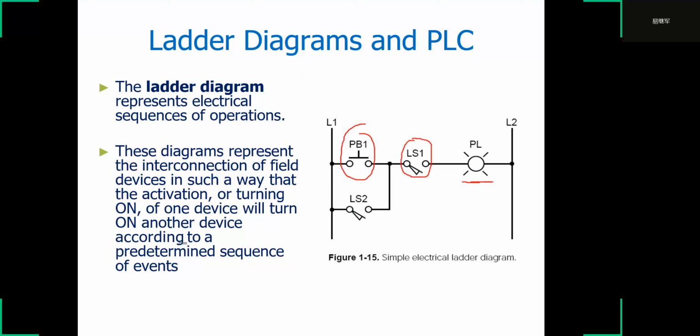If this switch is off, this switch is on, and this button is not pressed, this light is on. The current flows along this line.